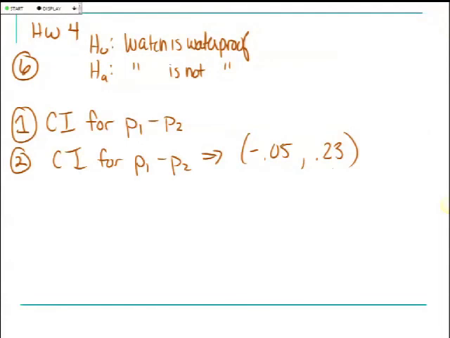So you could not refute a value of 0. P1 minus P2 could be 0 according to your data at a 95% level of confidence or a 5% level of significance. And so that's one that you need for that last question, part H. You actually can test a hypothesis of whether 0 is reasonable or not by simply looking at your interval.